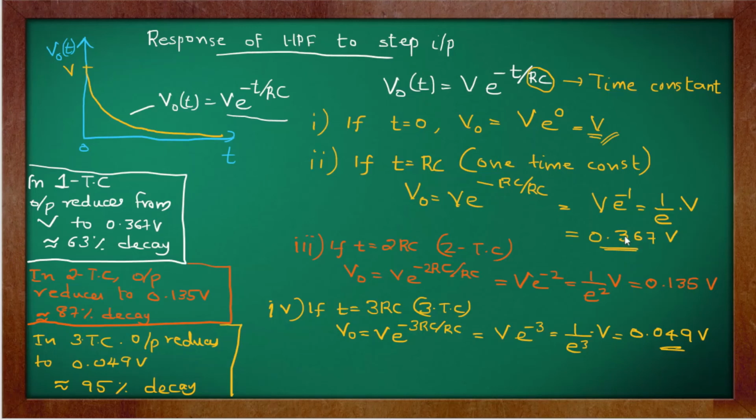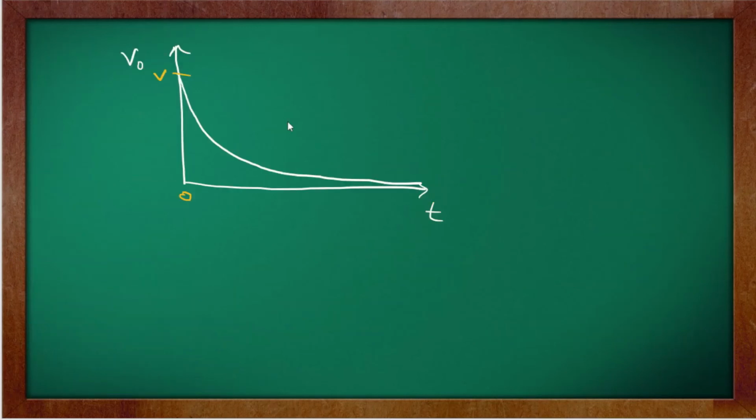It reduces to 0.367 V. That means a 63% reduction.